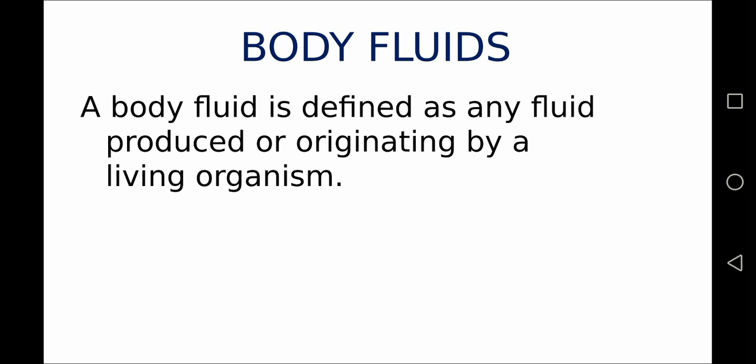Let's see what are body fluids. Body fluids are any fluids found in a living organism, that originate inside the body itself. The examples of the body fluids are blood, urine, seminal fluid, cerebrospinal fluid, synovial fluid, saliva, gastrointestinal fluid, etc. Next, we can see the compartments of body fluids by their location.